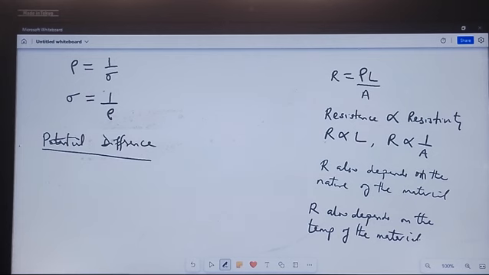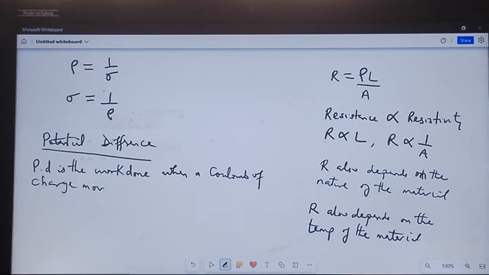So we say PD is the work done when a coulomb of charge moves from one point to another in a circuit.